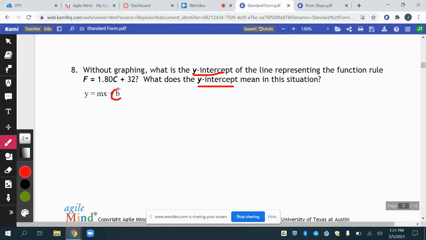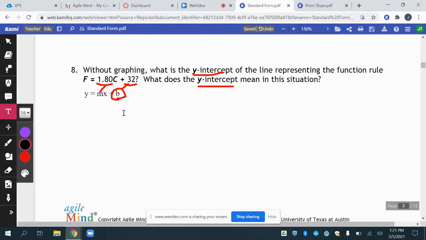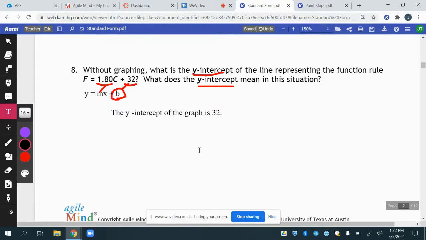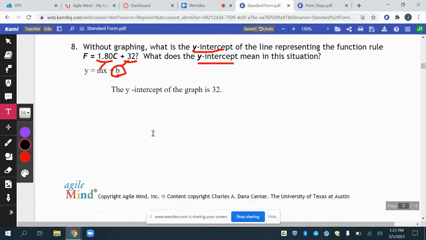There's our y-intercept. This is mx plus b. So 32. The y-intercept of this graph is 32. And that's all there is to it.